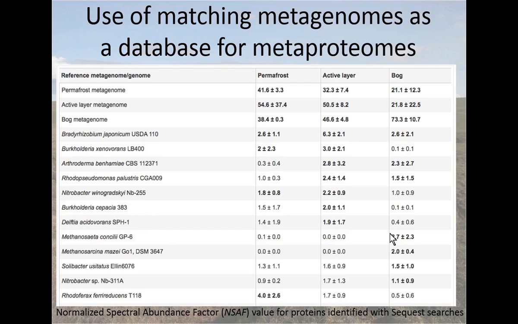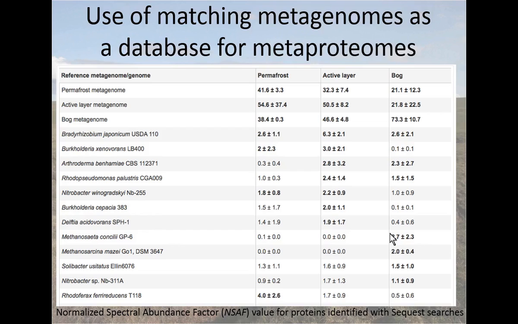In permafrost, most of the proteins were identified from the active layer metagenome, or from the bog, or from the matching permafrost metagenome, and only a few proteins were found in the species that I had in the database as well.